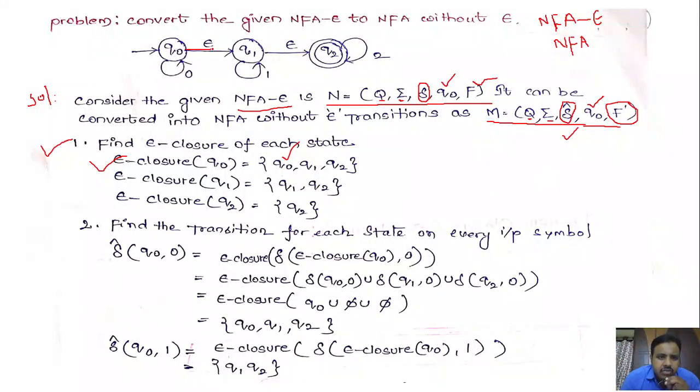Q0 on epsilon has a transition towards Q1, so Q1 will be added to the epsilon closure. Since Q1 has an epsilon transition towards Q2, we can reach from Q0 to Q2 on epsilon, so add Q2 to the epsilon closure of Q0 set.